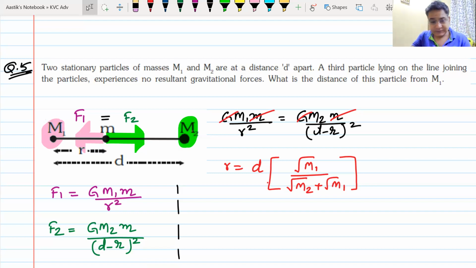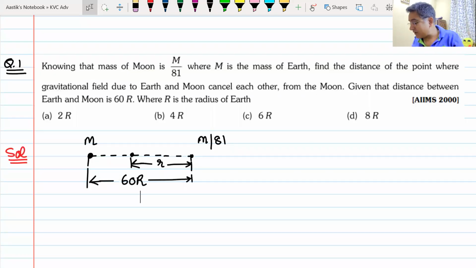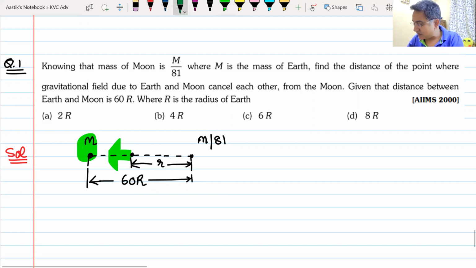So, if I had to do it with the concept of gravitational field, the gravitational field created by this green body would be going like this. I will call it G1. The gravitational field created by this pink body will be going like this, G2.